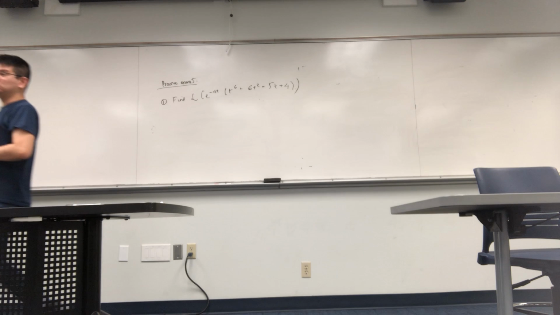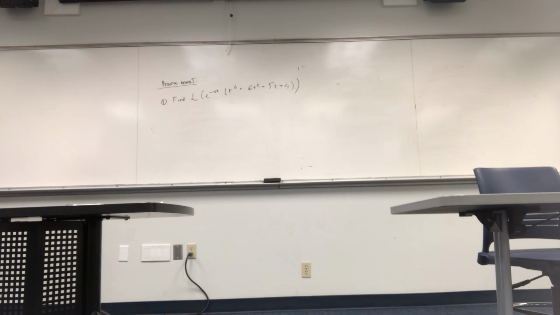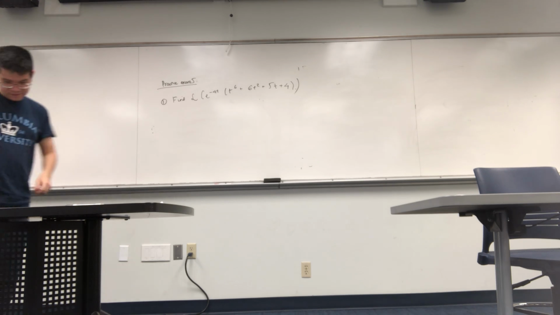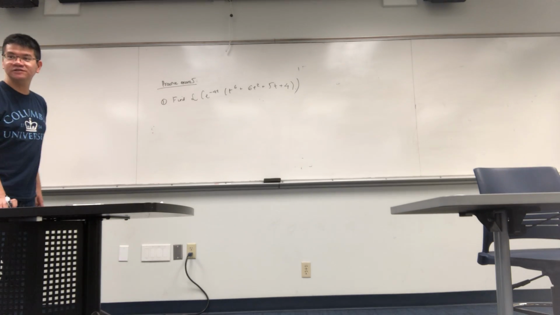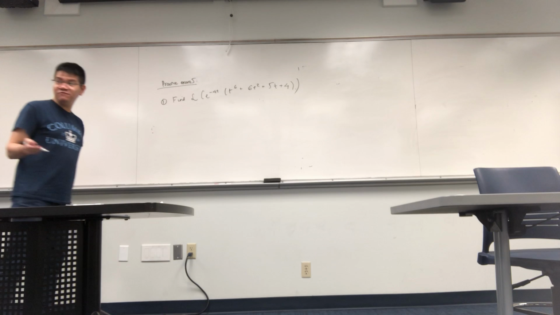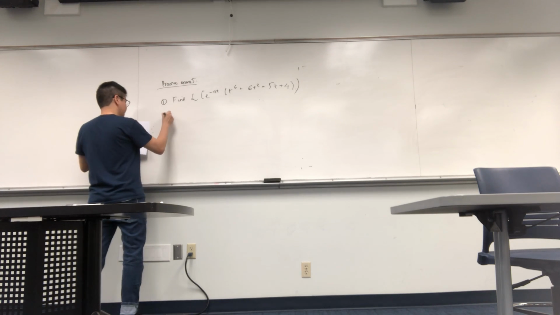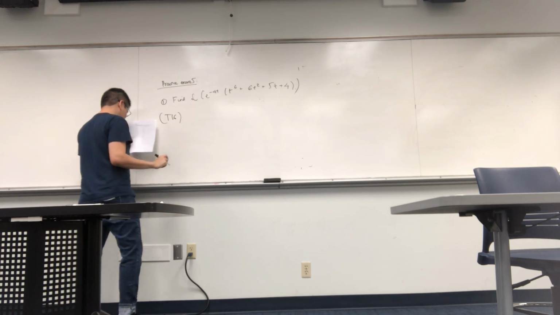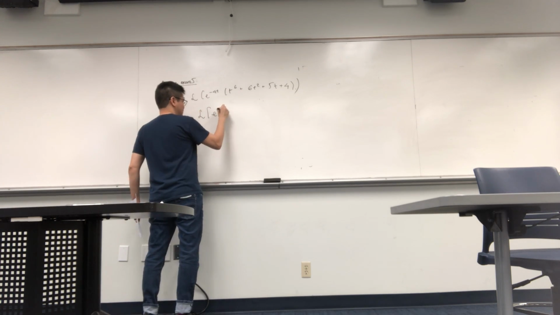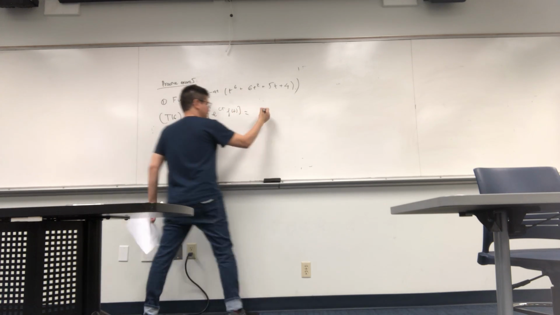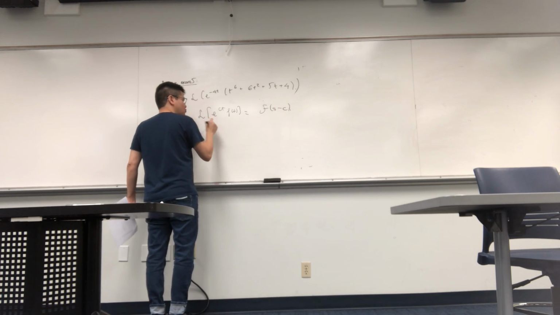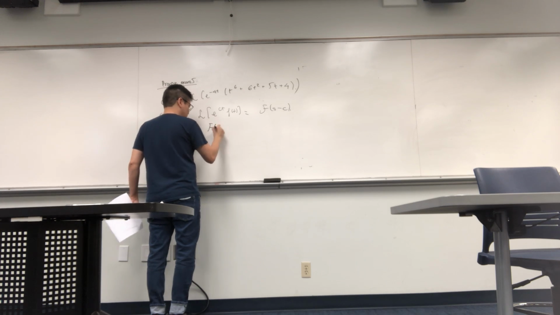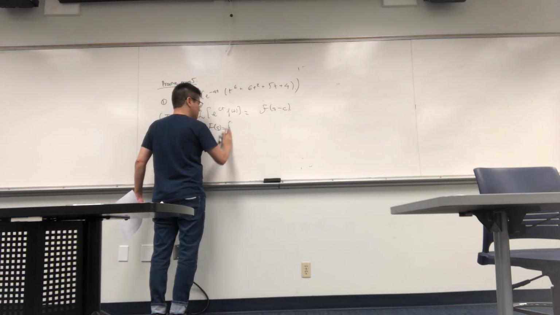Right? So what formula should we use? Yes? T16. So T16 is always the shifting formula, right? So you have the Laplace transform of e to the ct times f(t) will be F(s minus c), where F is the Laplace transform of f.